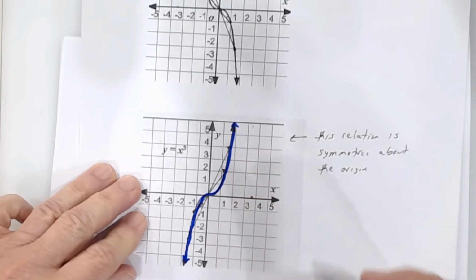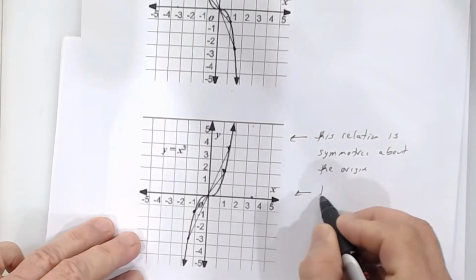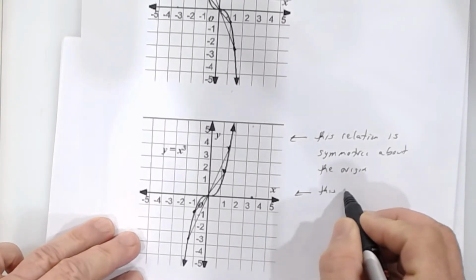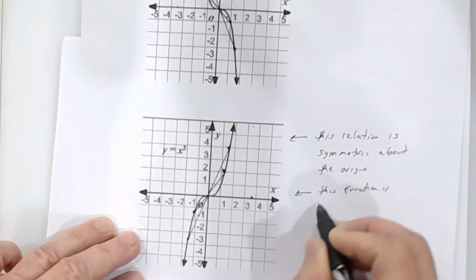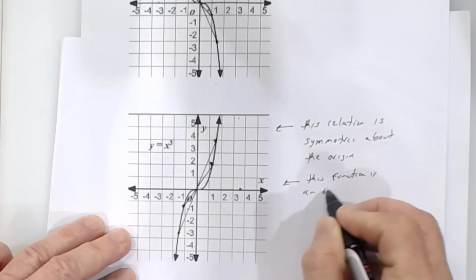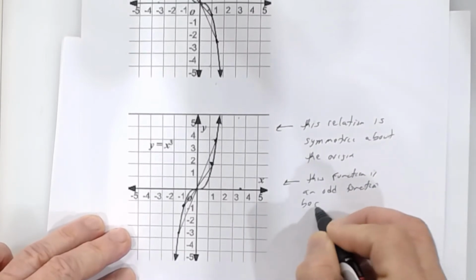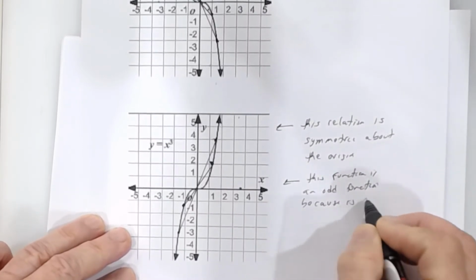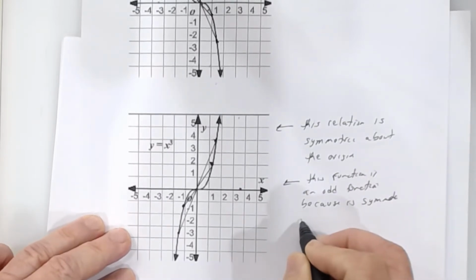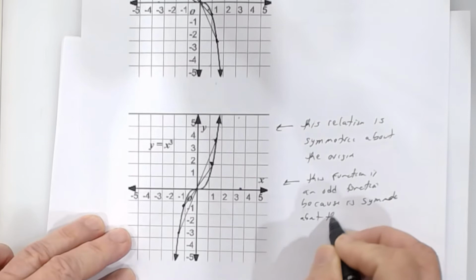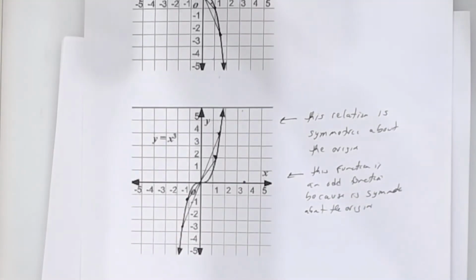So this function is an odd function because it is symmetric about the origin. Moving up or down is no longer symmetric about the origin.